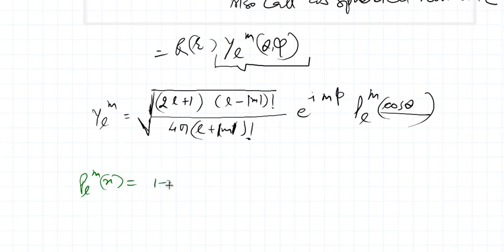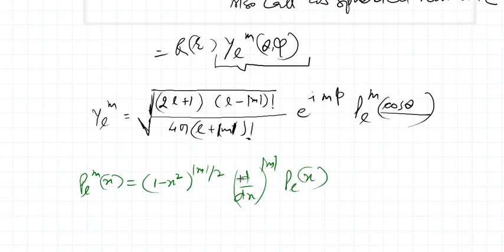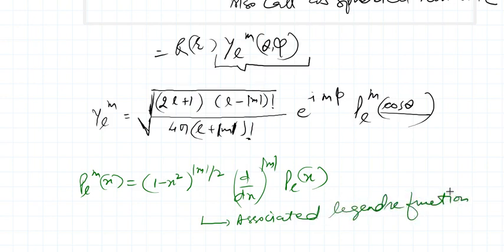It can be written as (1 minus x square) raised to mod m upon 2, times d upon dx raised to mod m of P_L(x). This is known as the associated Legendre function.